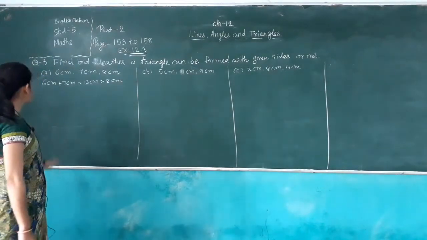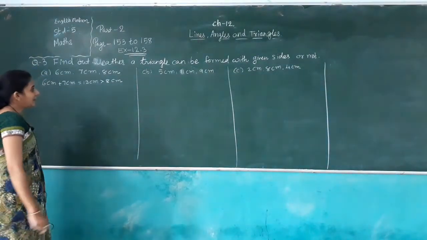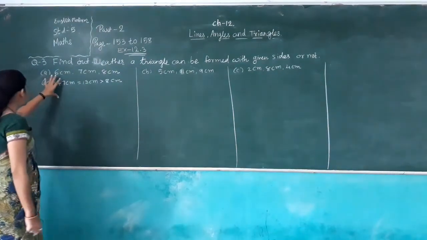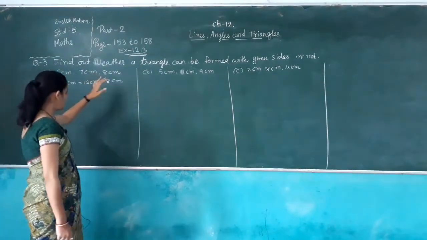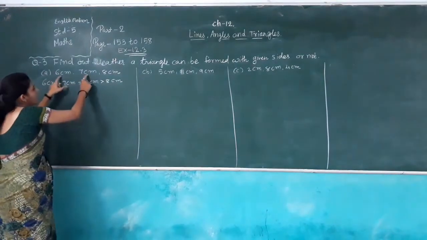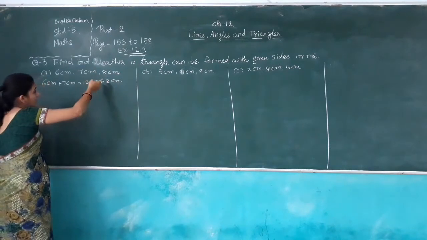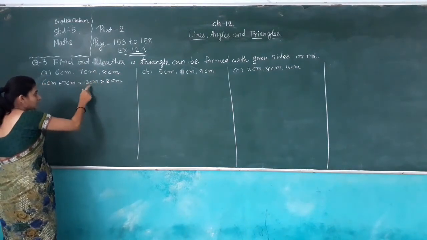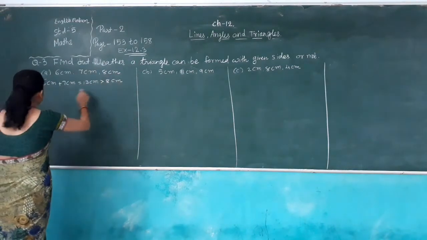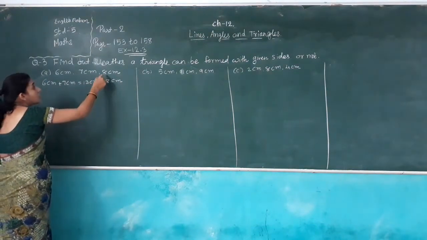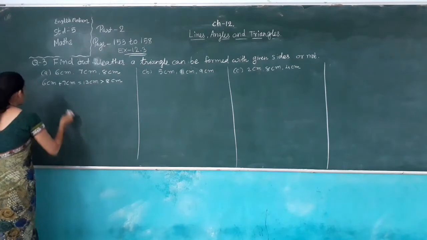Now next question: find out whether a triangle can be formed with the given sides or not. Here 6 cm, 7 cm, 8 cm. Add two sides and the answer should be greater than the other side. So 6 cm plus 7 cm is equal to 13 cm, greater than 8 cm.